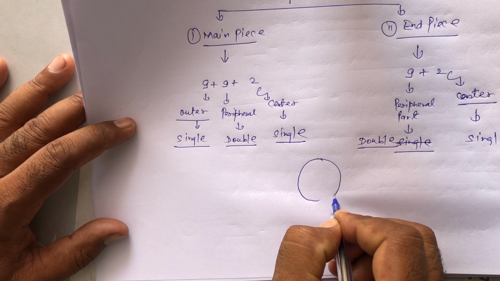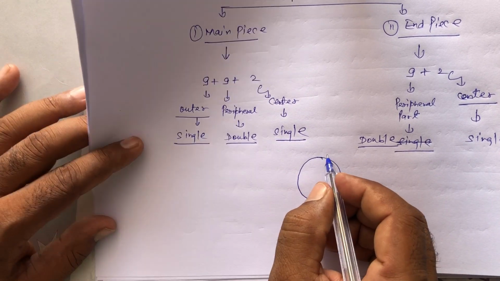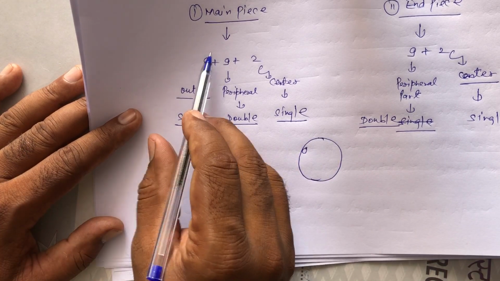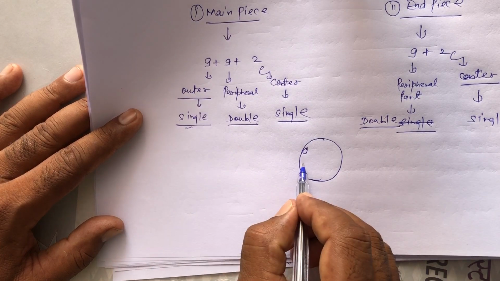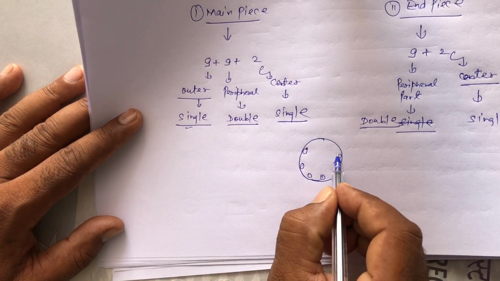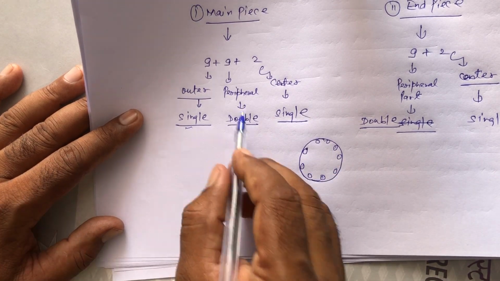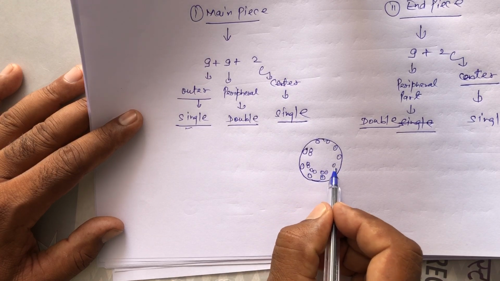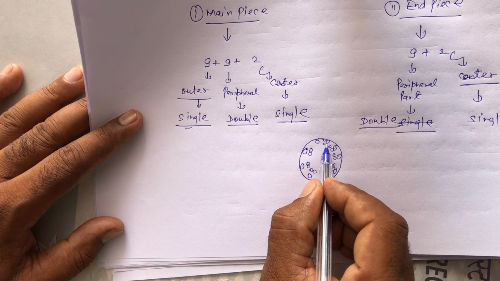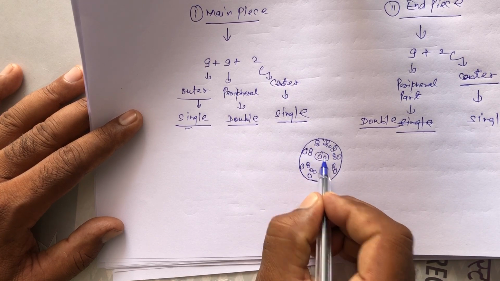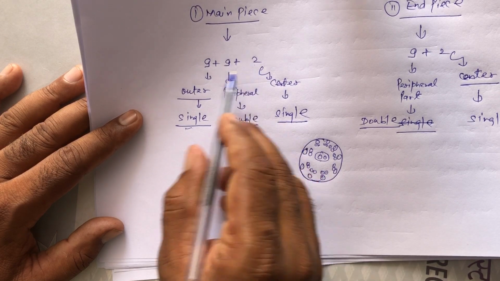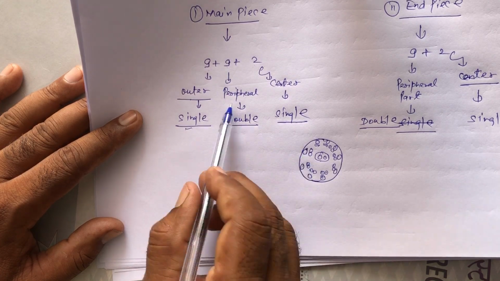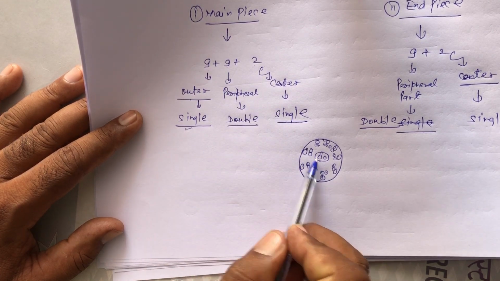I draw the arrangement: 9 single filaments in the outer part, 1, 2, 3, 4, 5, 6, 7, 8, 9, 9 double in the peripheral part, and 2 single in the center.